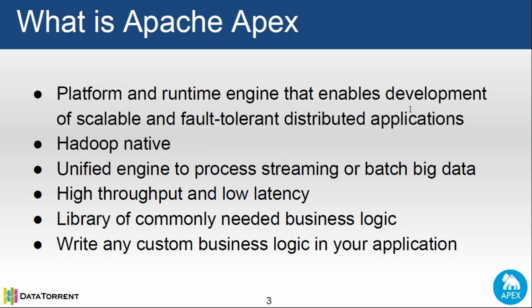Applications developed on top of Apache Apex have characteristics of low latency and high throughput. In actual customer use cases, we have even seen latencies of a few milliseconds, so even single digit millisecond latencies have been achieved using this platform.